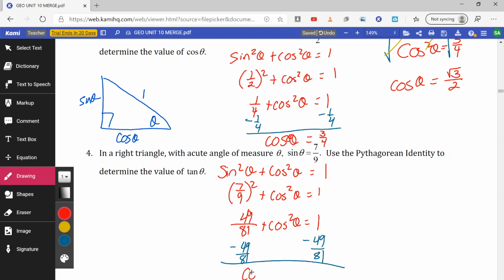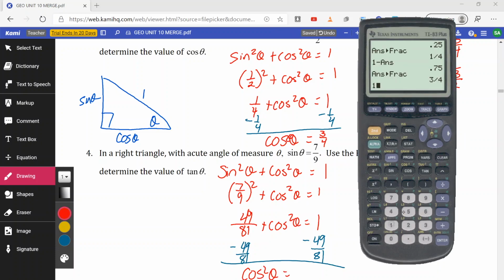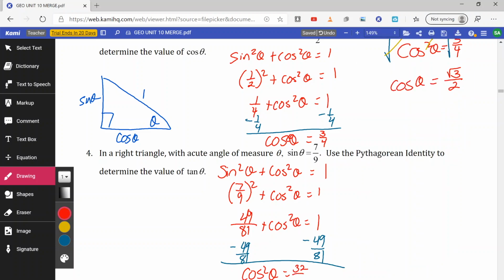So we get cosine squared. So 1 minus, in fraction form, 49 over 81. And we get this nice little decimal, and we'll put it back into a fraction: 32 over 81. So now that we have just cosine squared, we have to take the square root of both sides.